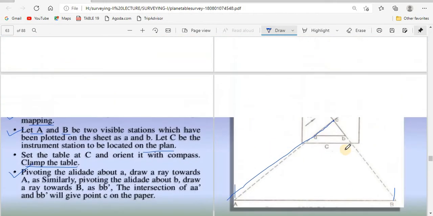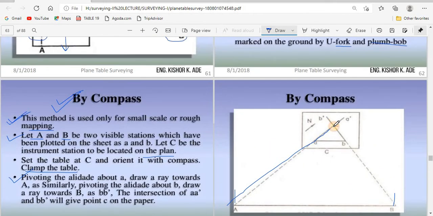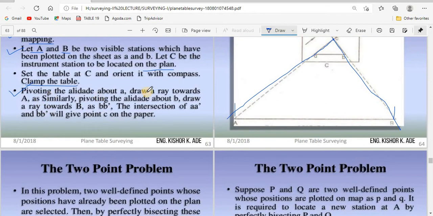Similarly, keep the alidade along line CB, bisect the ranging rod at B, and draw a ray so that it connects to point b. So pivoting the alidade about B, draw the ray towards B. B is represented as small b and A as small a. That will give you the point C on the paper.